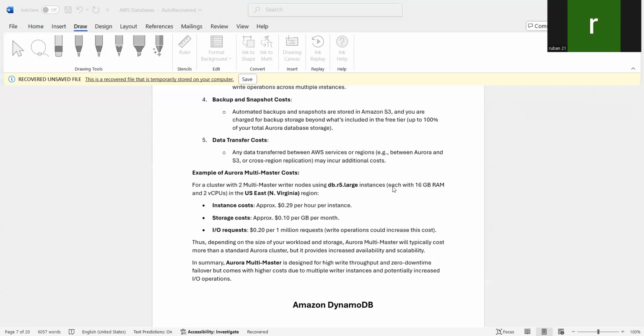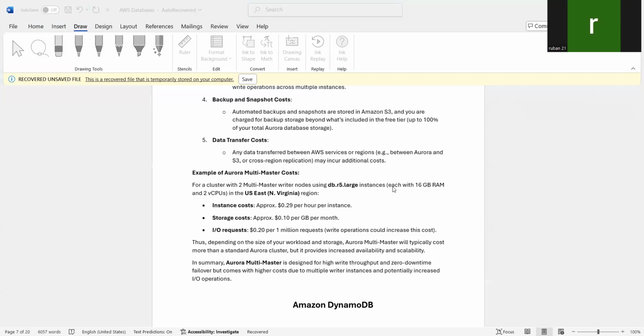Example of Aurora Multi-Master cost. For a cluster with two multi-master write nodes, using db.r5.large instances, each with 16 GB RAM and 2 CPUs, in the North Virginia region, the instance cost is approximately $0.29 per hour per instance.